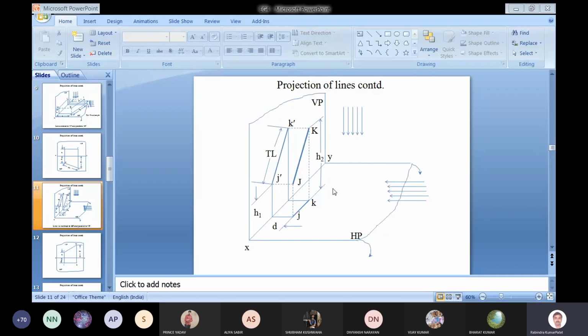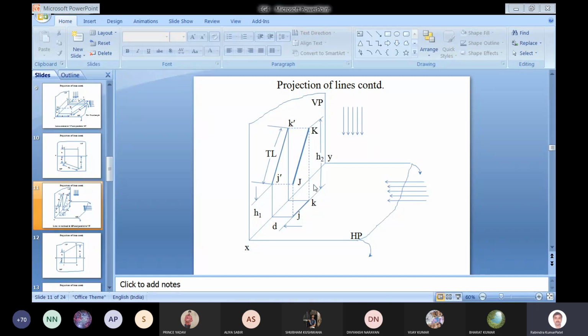Similarly, we can take another line which is parallel to the vertical plane and inclined to the horizontal plane. In the same way, we will get the true length projection onto the vertical plane, that is here J dash K dash, and on the horizontal plane it is JK, which is shortened in length.